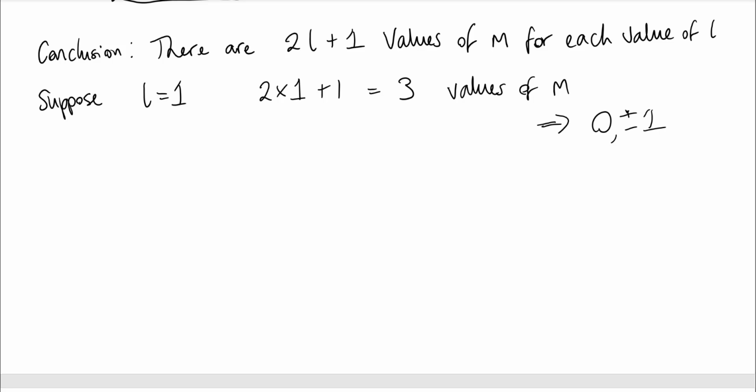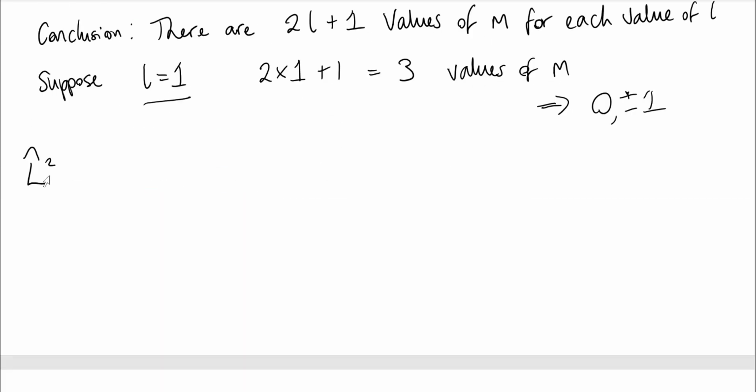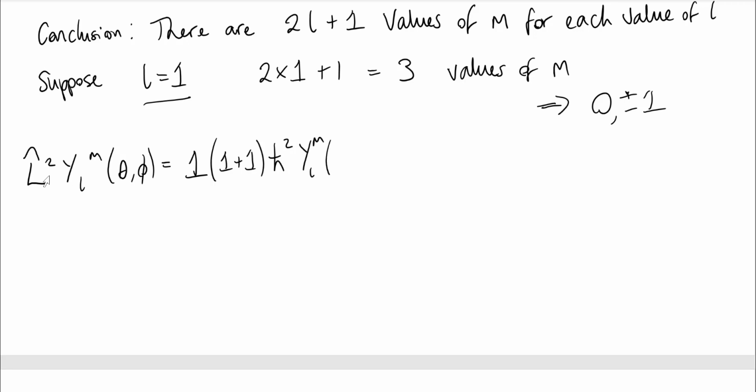Now let's take this a little bit further. I'm going to write out the expression now for the specific case where L is equal to 1. So let's rewrite this equation here: L squared Y_Lm(theta, phi) equals, now we plug in these numbers, 1 multiplied by 1 plus 1 times h bar squared, and this is our eigenvalue equation.